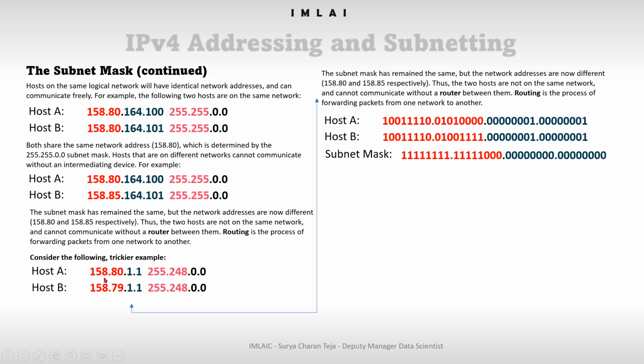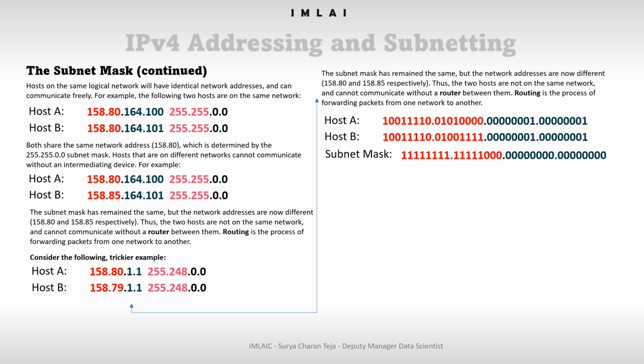You see 158.80 here and 158.79 there. These are in different networks, but they have the same host IDs. So the two hosts are not on the same network and cannot communicate without a router between them.